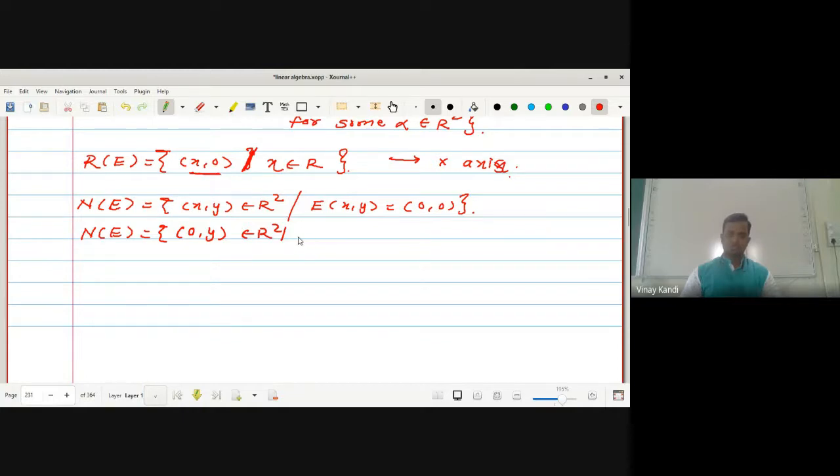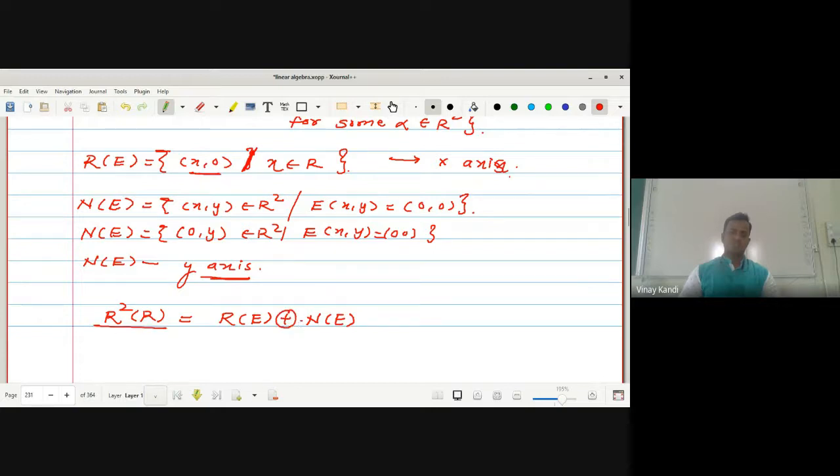Okay, the E of xy is equal to 0 0. Okay, so that is null space of E is nothing but what? My whole y axis. Is it correct? Yes, sir. Okay, so whole R2 over R, we can write direct sum of range space of E plus null space of E. Is it correct? कोणताही एक वेक्टर घेतलाय मी.